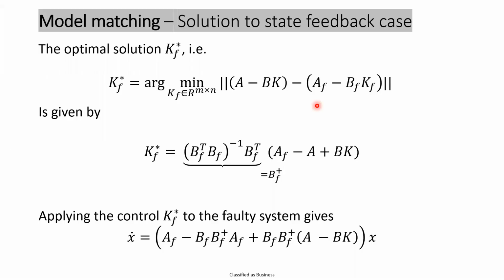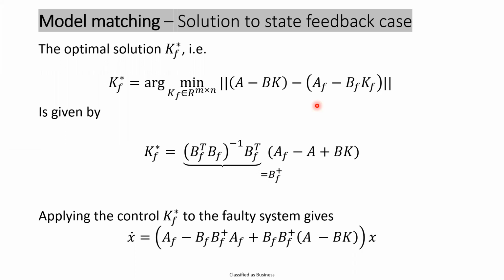Okay, what we are talking about is the case that a fault has happened in the dynamics of the system. So we want to see if we can match the model, which means that we have designed a controller for the nominal system, and we want to see if we can design a controller for the faulty system to have the exact model matching.